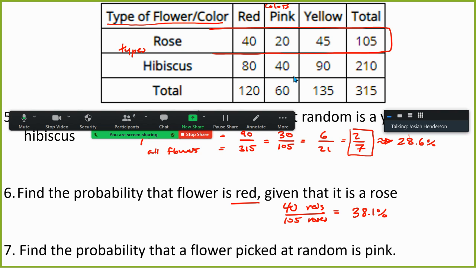We care about all the flowers. All the pinks, how many pinks are there? There's 60. Total number of flowers, 315. So it's 60 over 315. And as a decimal, 19%.